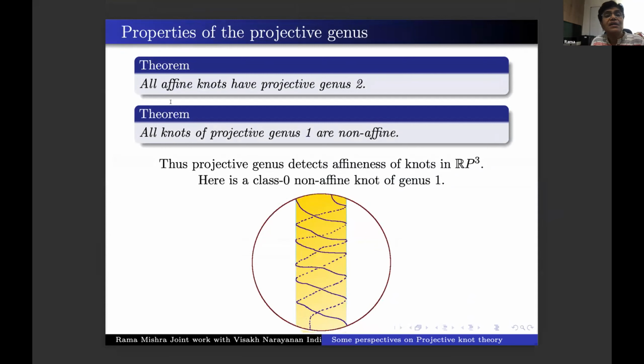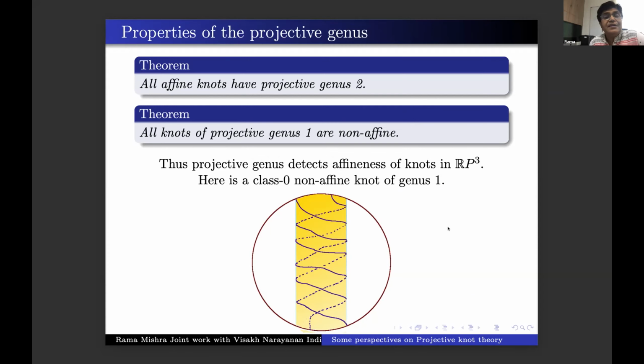And all affine knots have projective genus 2. The reason being, we can always find a torus, the tube, as a good surface for an affine knot. And when you go up, there will be a double of that. So the genus is 2, and all knots of projective genus 1 are non-affine.